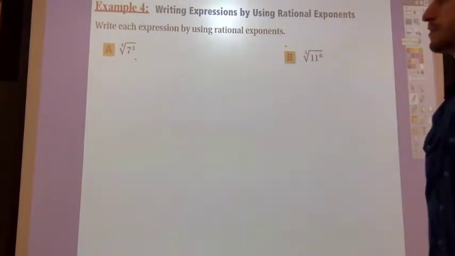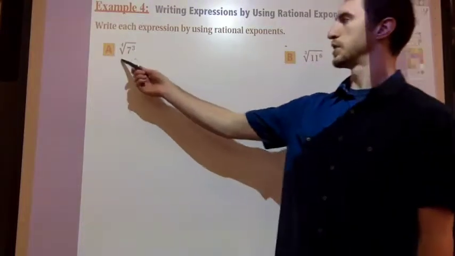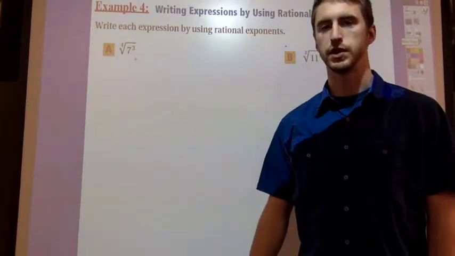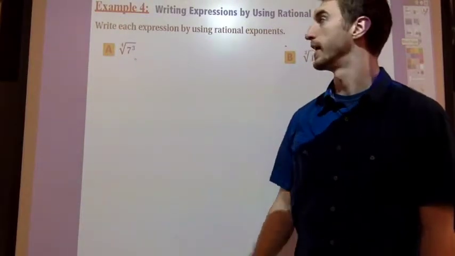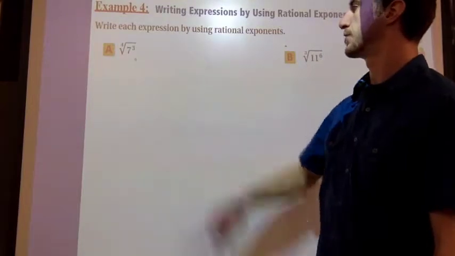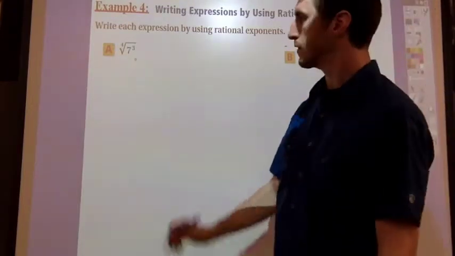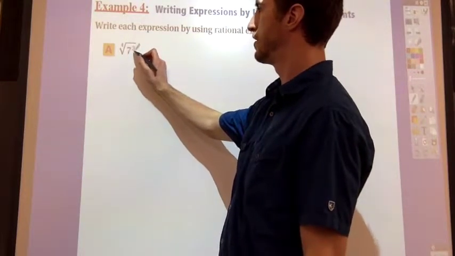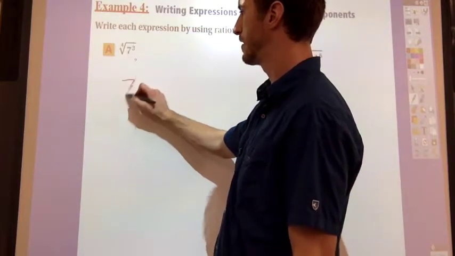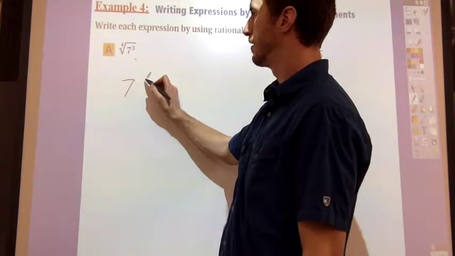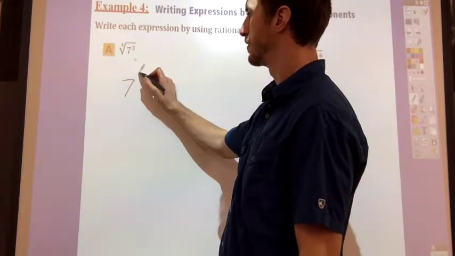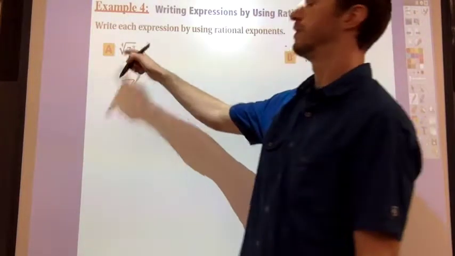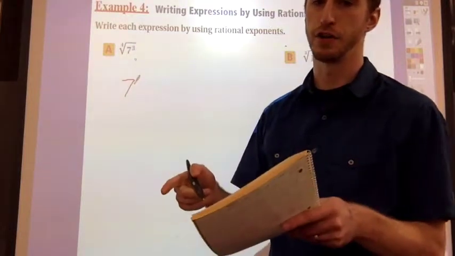Okay, so now it gives us radical form. So it starts out with radical form, and it wants us to write it using rational exponents. So for this one, you've got the fourth root of 7 cubed, so you can write this as 7 to the fourth root. Let's see, actually, you always have to do the inside first.